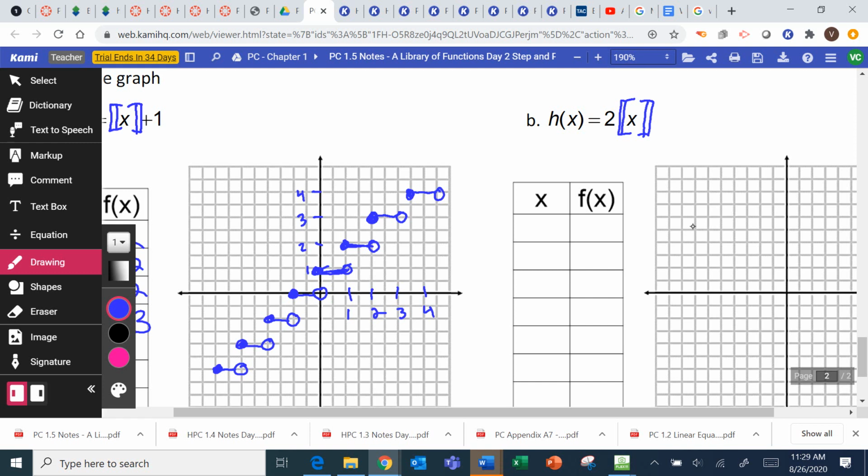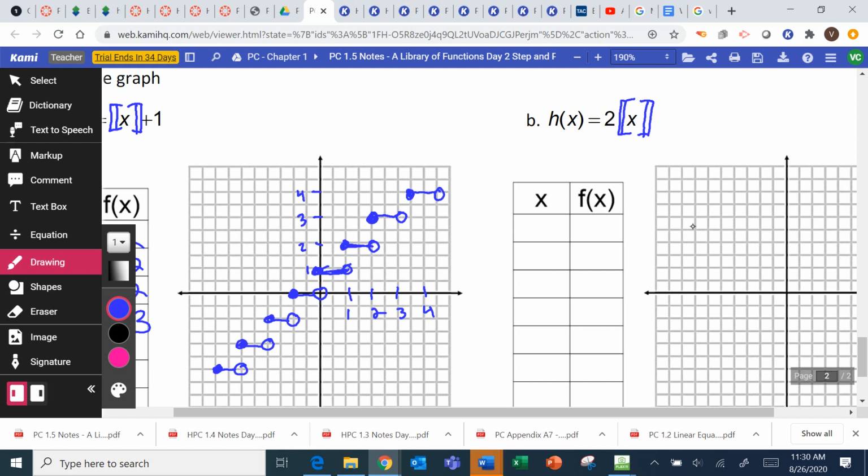What do you think is going to happen to this graph if I stretch it vertically? If I'm taking horizontal lines, but I'm stretching them vertically, what do you think is going to happen? Caleb, what do you think is going to happen? I can't hear you, hon. The stairs will kind of be steeper. Yeah, they'll be wider apart. Definitely, that's what's going to happen.